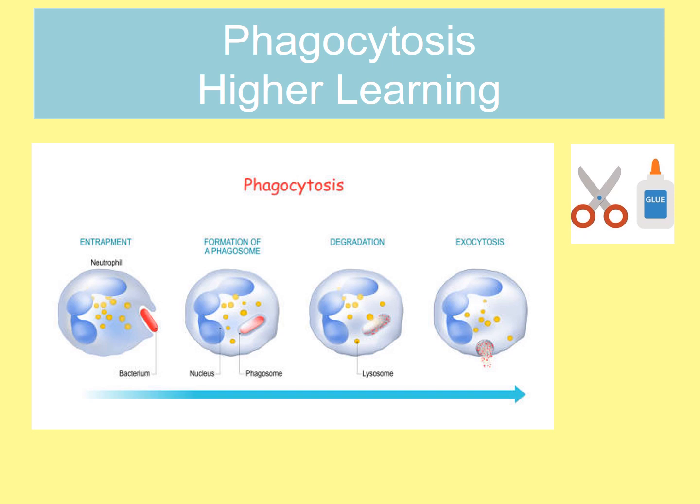A phagocyte's cytoplasm contains a rich supply of lysosomes, which contain the digestive enzyme lysozyme. Some of these lysosomes will fuse with the vacuole and release their enzymes into it. The bacterium becomes digested and the breakdown products are absorbed by the phagocyte.